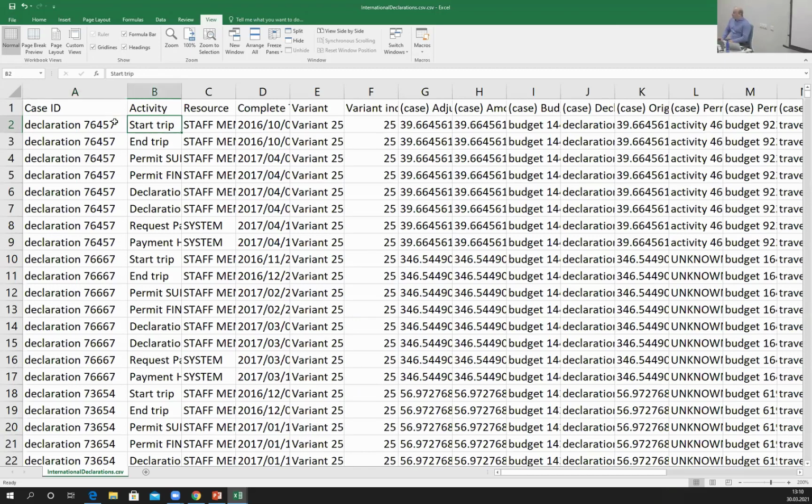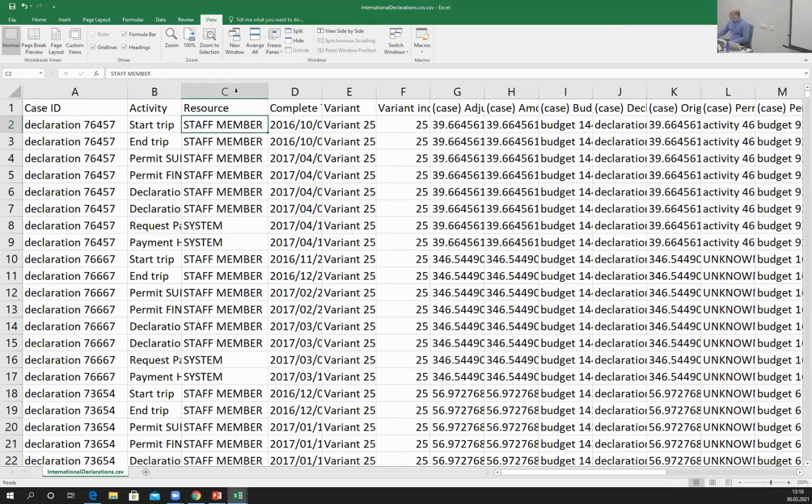Of course, it has been anonymized, but it's actually real data at the beginning. So there are staff members. Somewhere you can find some pseudo identifier for them who create declarations. And this is a table that was extracted from that system.